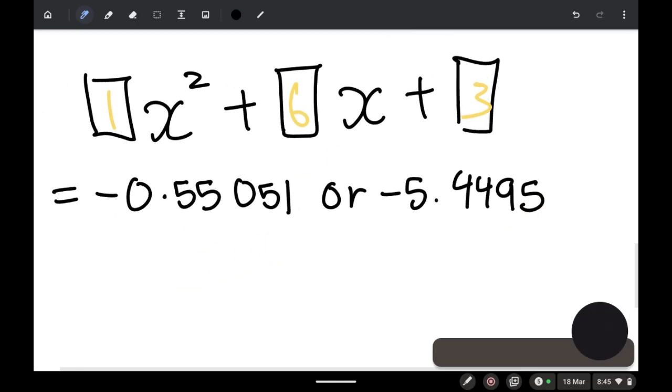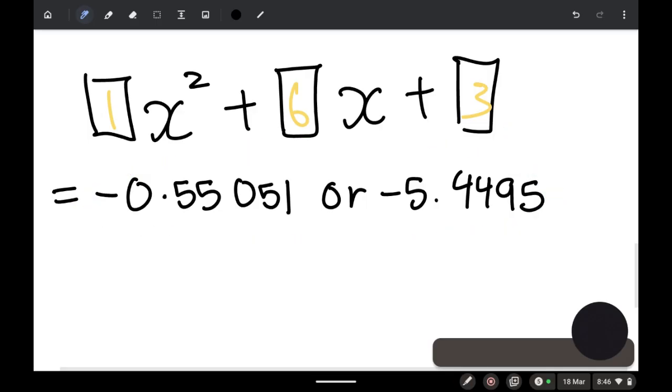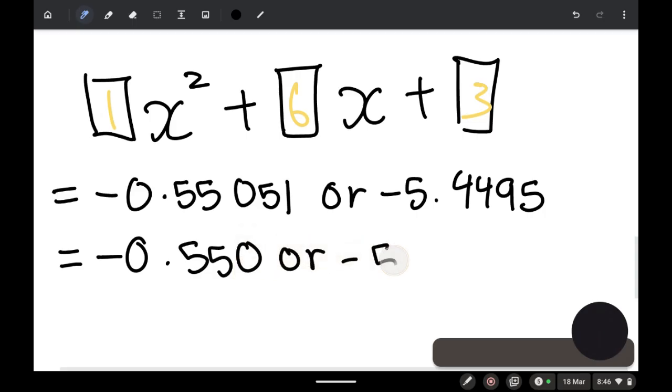Okay. You usually leave your answers in 5SF if the question needs you to continue using this answer for a following step or a question. But if this is the final answer, then you need to make it 3SF. So this would be negative 0.550 or negative 5.45.